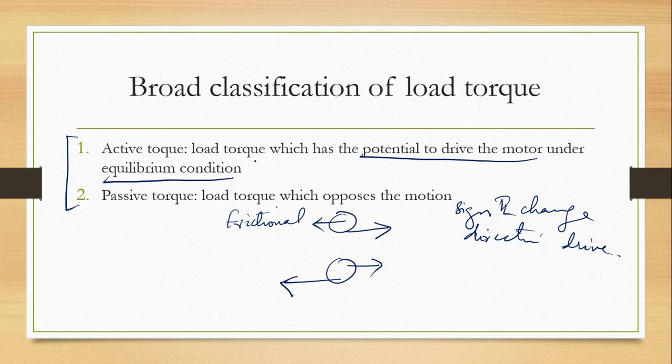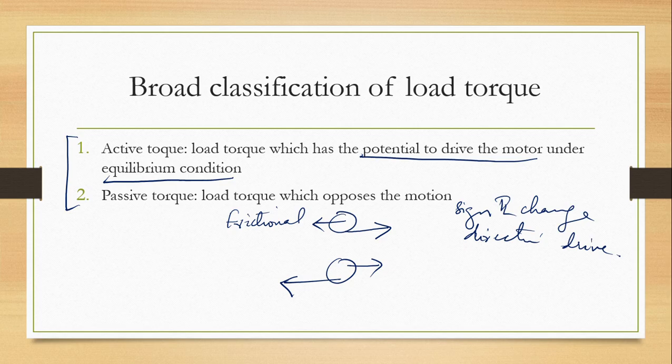So broadly you can classify load torques into active load torque and passive load torque. In active load torque, it will drive the motor under equilibrium conditions, and that means it will retain its direction. No matter what the motion of the drive, it will always have a particular direction. Whereas in the passive load torque, the main example was the frictional torque.